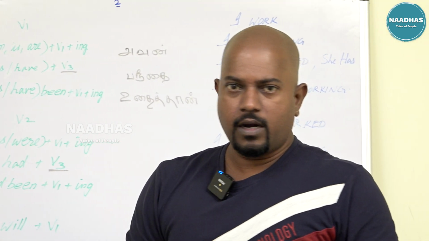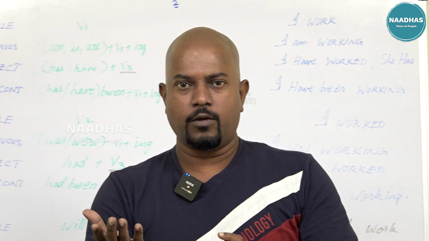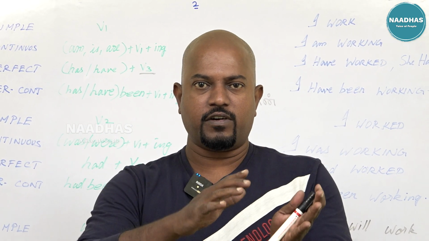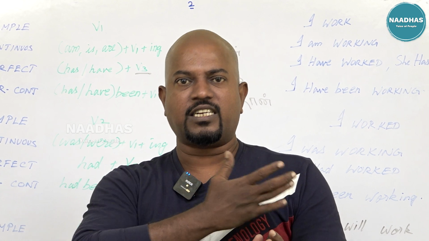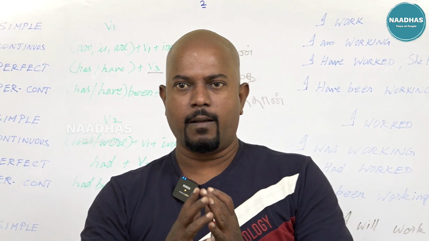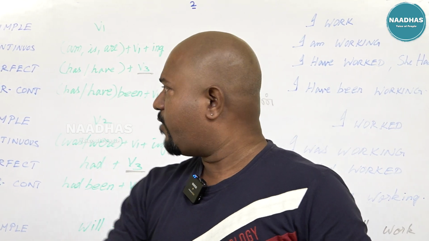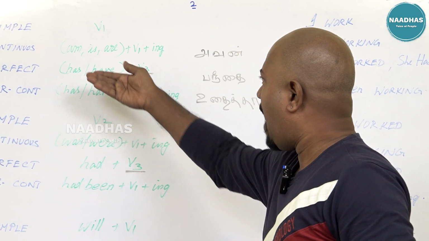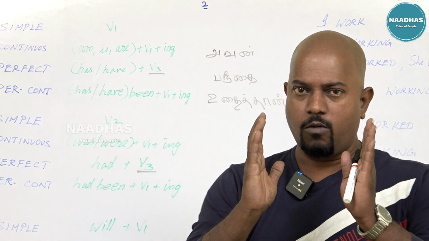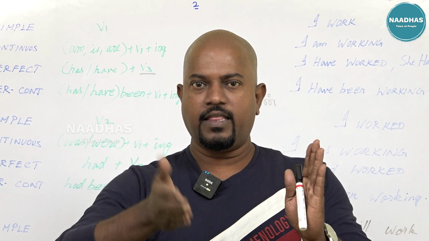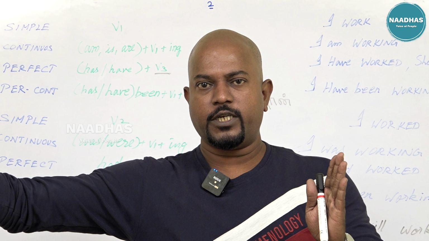But in English, if you mismatch and put the verb first and then comes the noun, the sentence is completely wrong. It will be a great blunder. So please don't do that, and that's the reason we have a pattern. Always the noun comes first, the subject, then the verb, and then the object or the predicate.